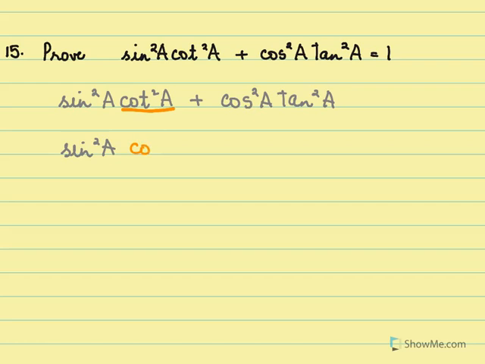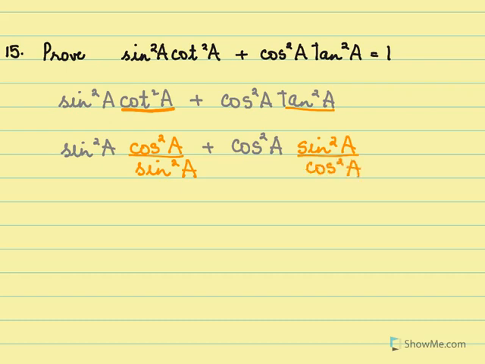Cot square A is cos square A over sine square A, plus cos square, I write cos square A. Now you recollect what is tan square A, just the reciprocal of cot square, that is sine square A over cos square A. Now at this point I can reduce, here too I can reduce.